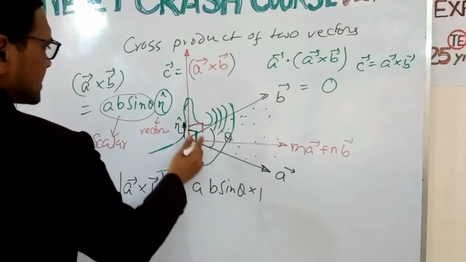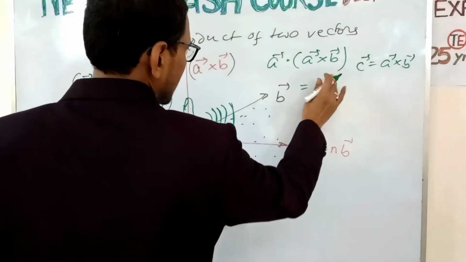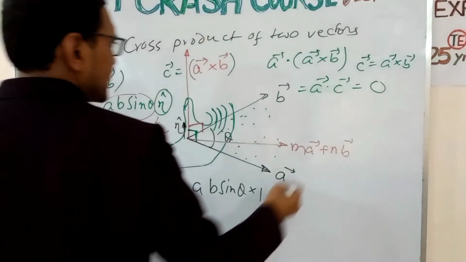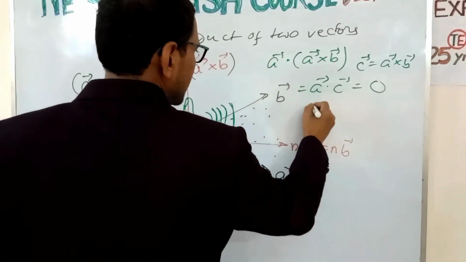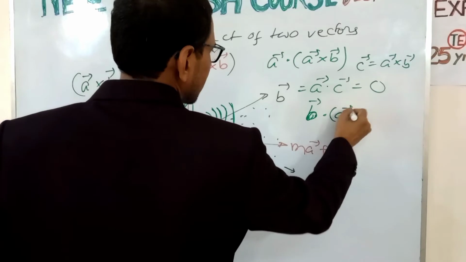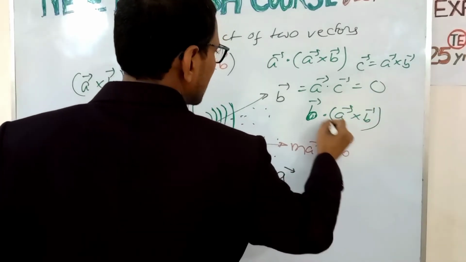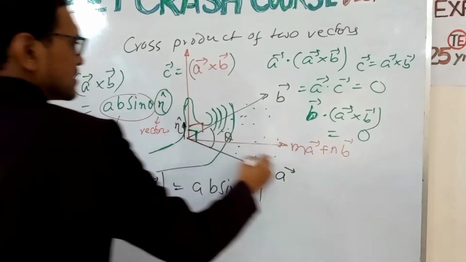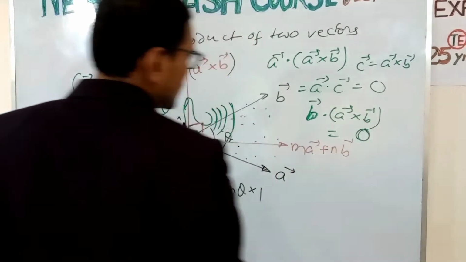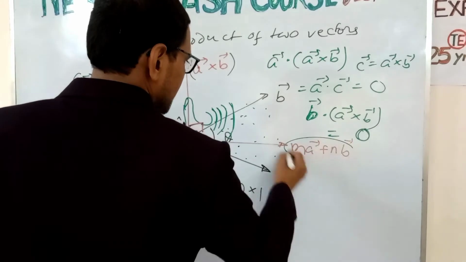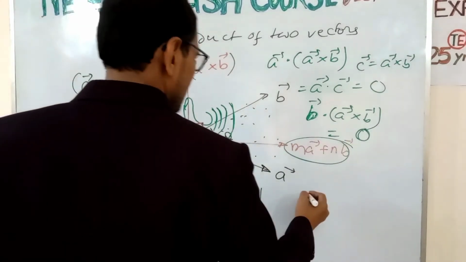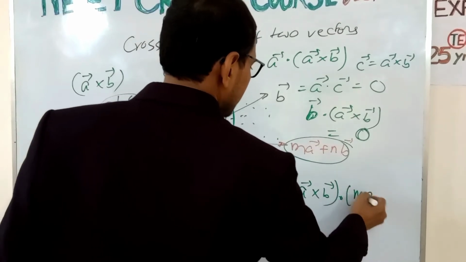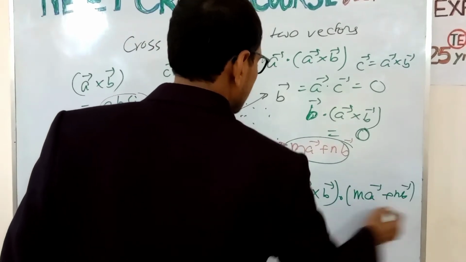Now a and c are perpendicular, so if two vectors are perpendicular, then the dot product is 0. Again, b dot a cross b equals 0 because b and c are also perpendicular, so b dot c equals 0. So any vector in this plane is ma plus nb, so a cross b dot ma plus nb equals 0.